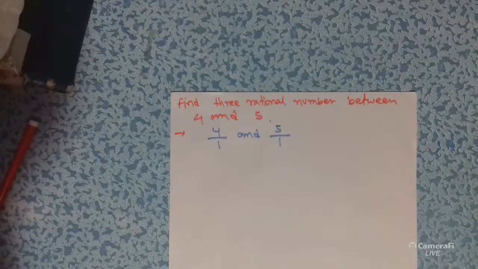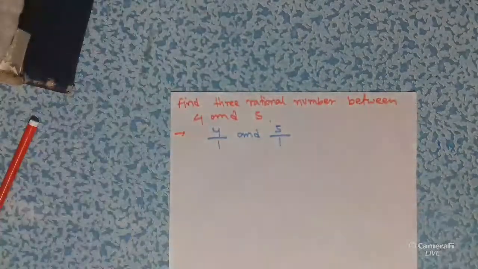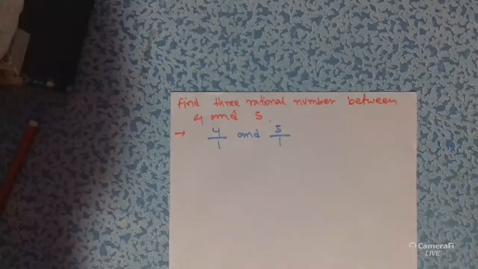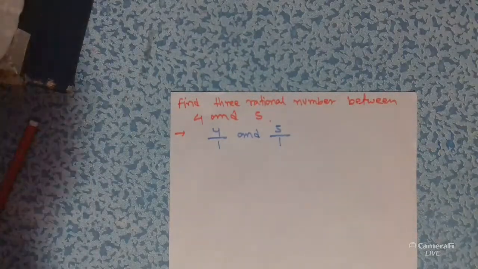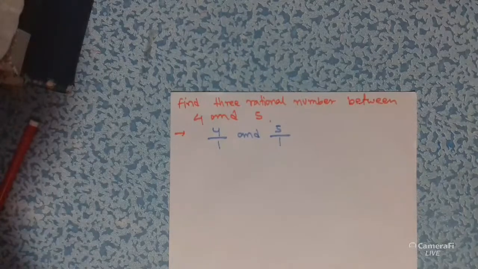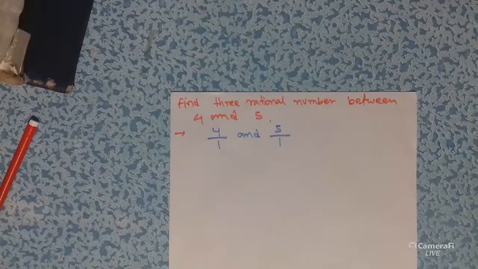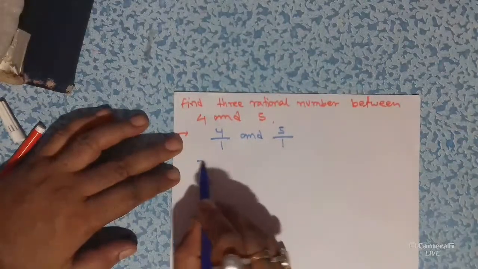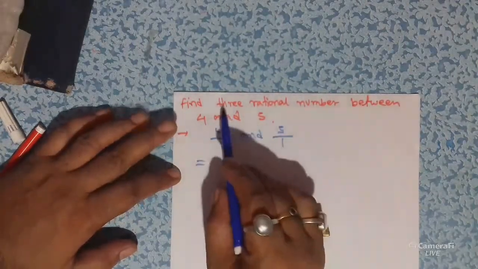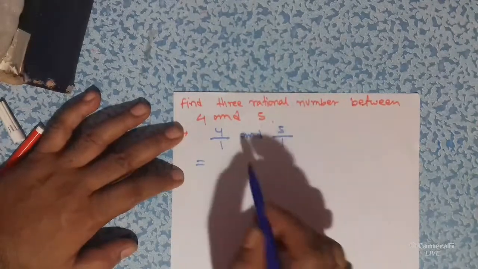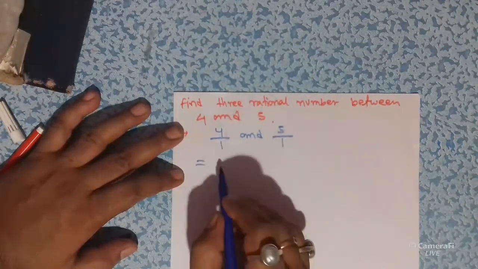One student has sent 17 by 4, 18 by 4 and 19 by 4, and this is also correct. But 18 by 4, you can divide both the numbers by 2 and then it will come 9 by 2. Okay, so I must solve it. Now after this we have to find 3 rational numbers, so we can multiply both the numbers by 4.